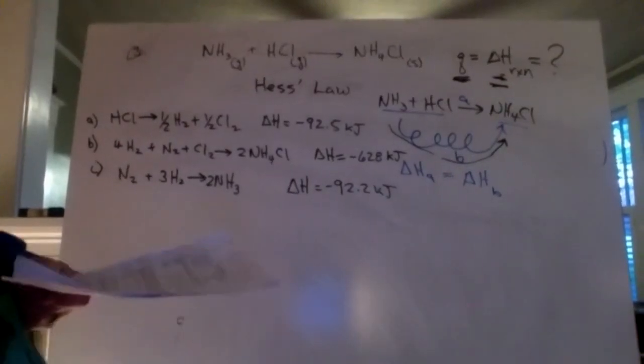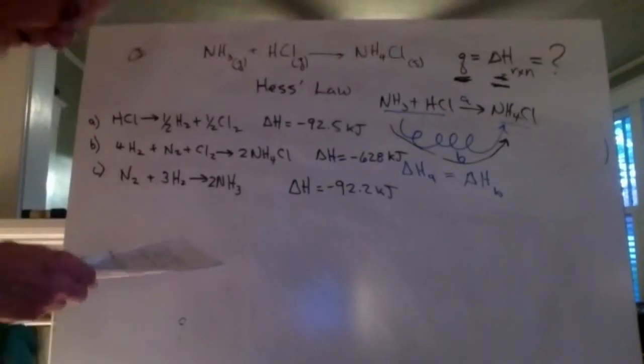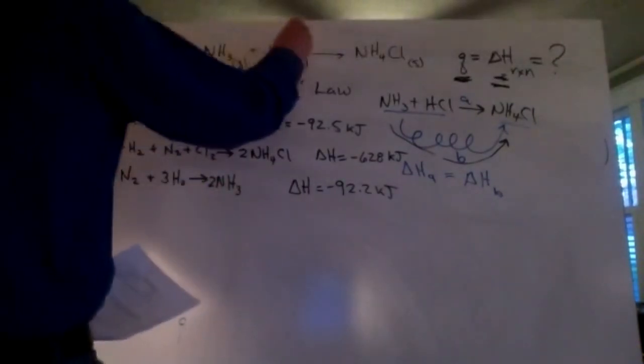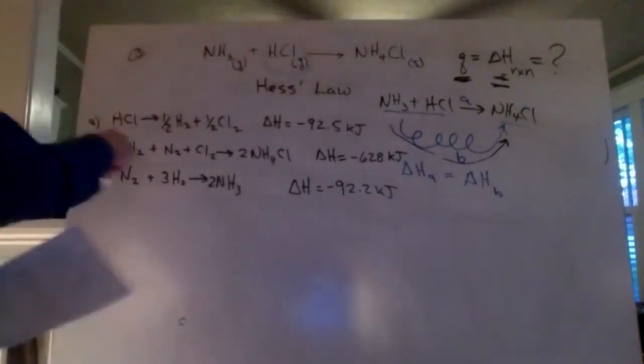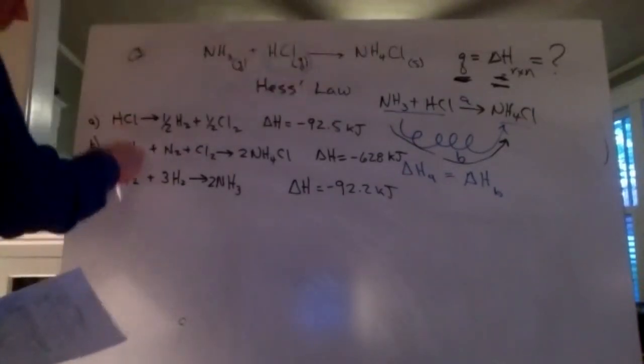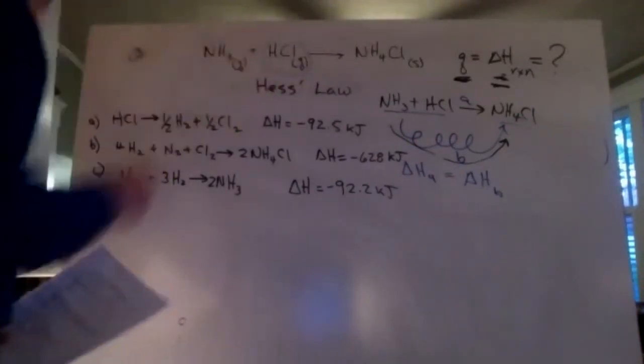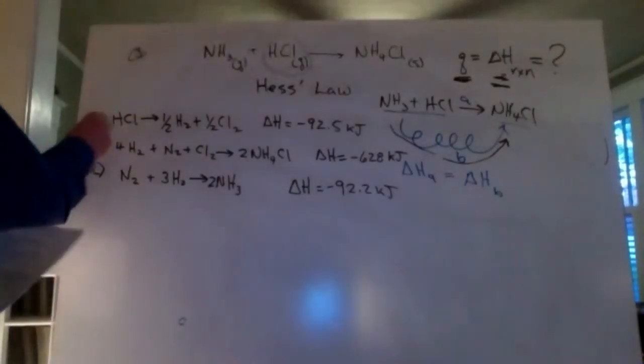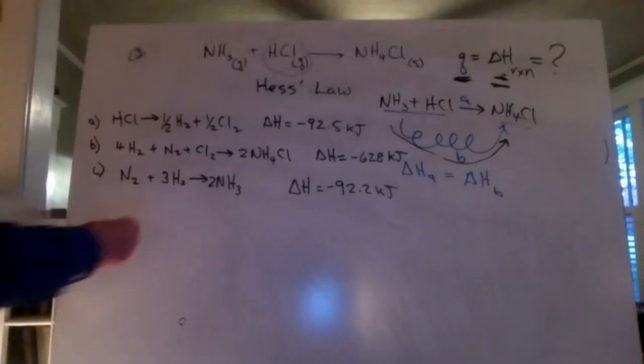Well, we know that we need 1 mole of HCl as our reactant. So we're going to recreate this balanced chemical equation using these three reactions, and we need 1 mole of HCl. So we look at our three reactions and we see equation A has 1 mole of HCl.